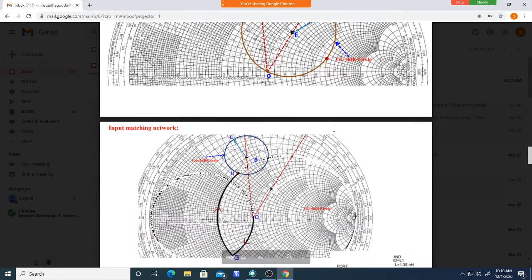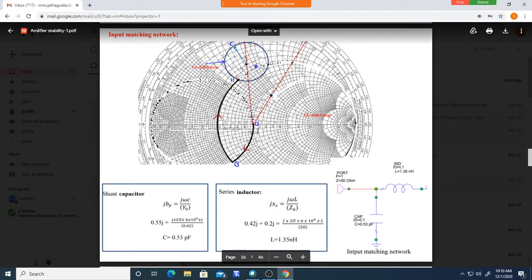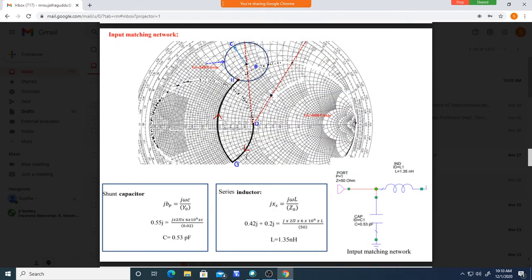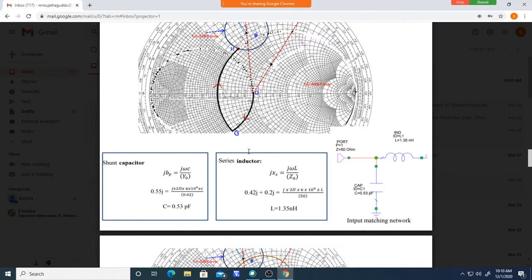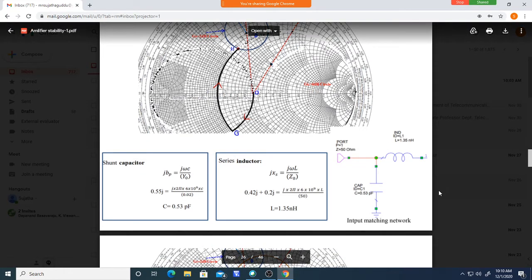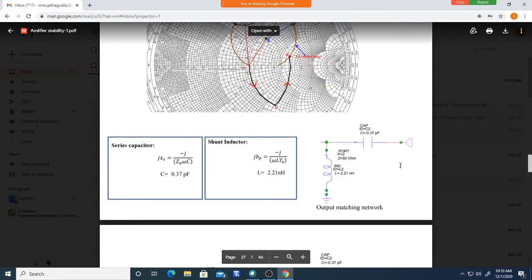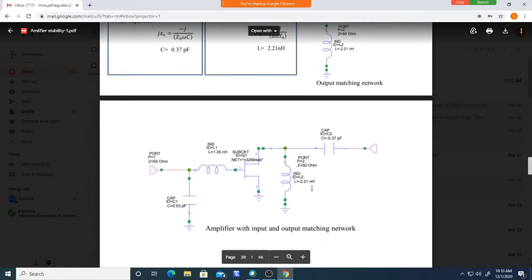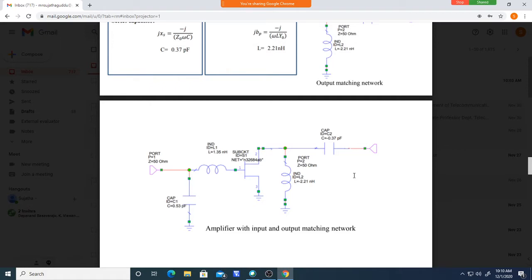We found the impedance matching networks using L matching networks, an input matching network and an output matching network. The combination of all these gives rise to the amplifier like this. So this is the flow of how you are supposed to design a microwave amplifier.